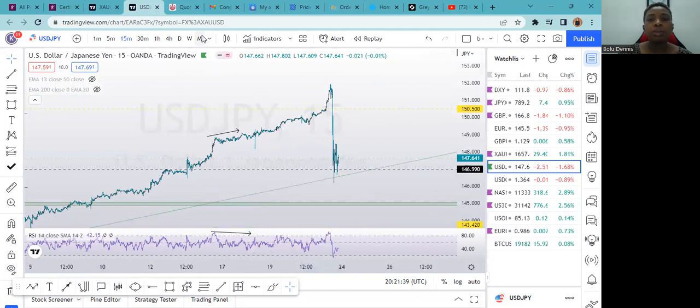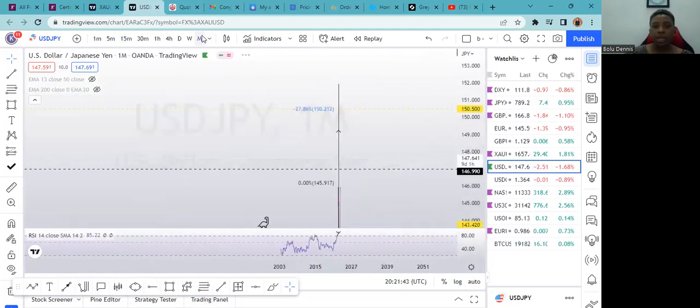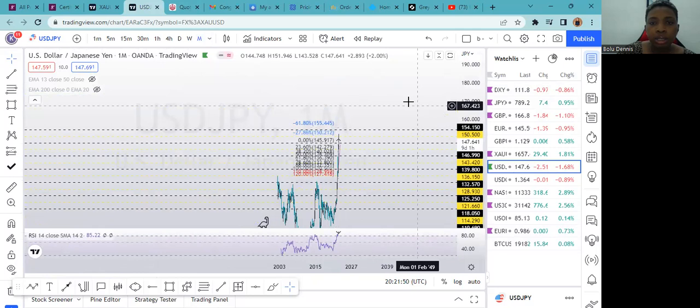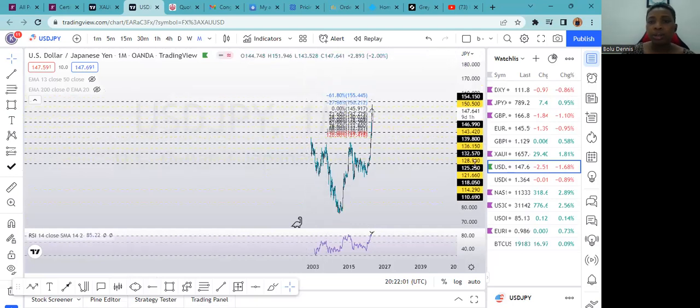If we go on the monthly level, right? Go on the monthly, it has not been here. Like the highest it was at in 2003, it has surpassed that level since, like that's 128, right?